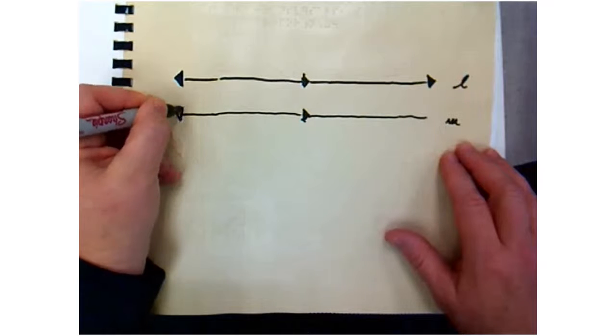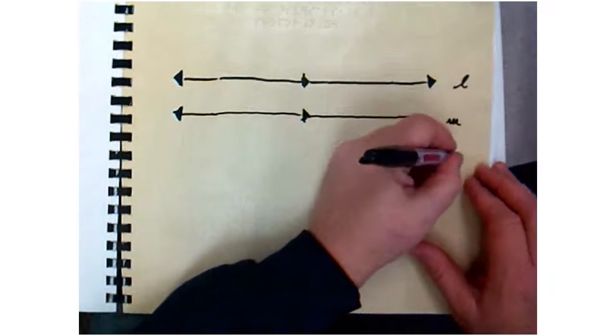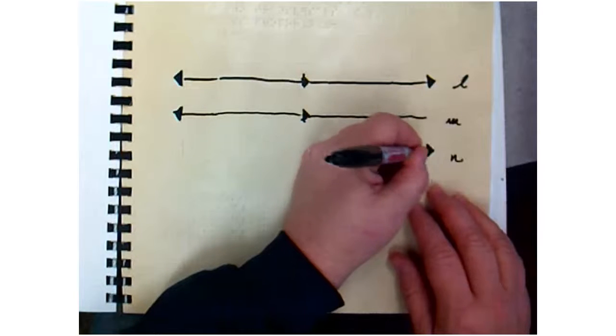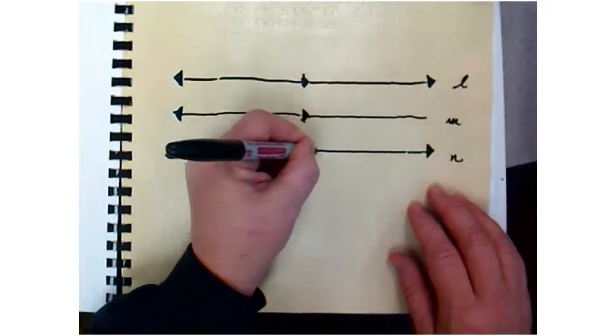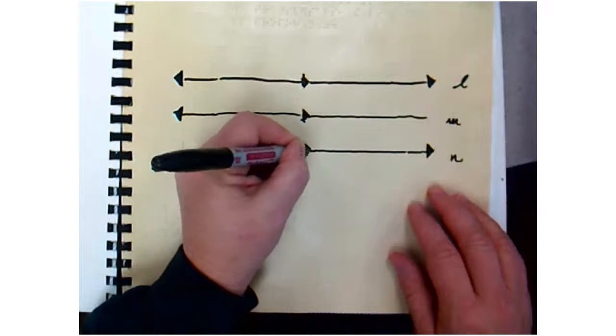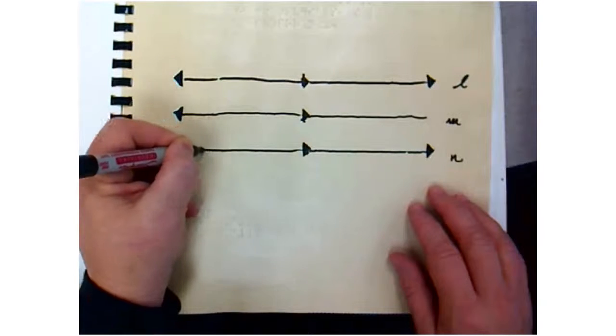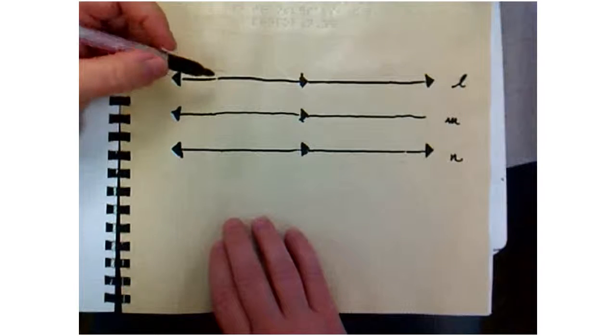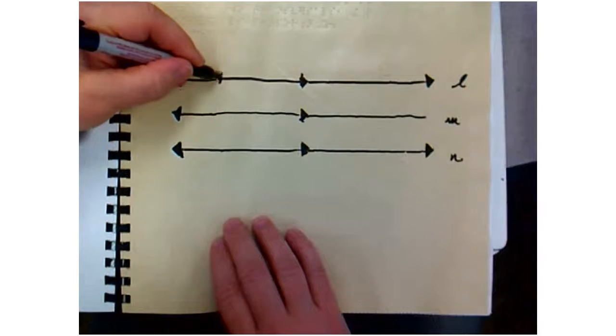And then there's a line at the very bottom, line N. It's also parallel indicator. Find all those? Okay. And it has two transversals, one on the left going from about 1 o'clock to 7 o'clock.